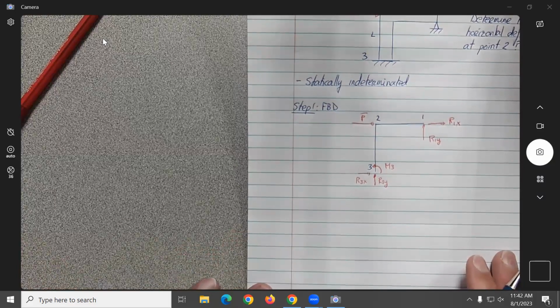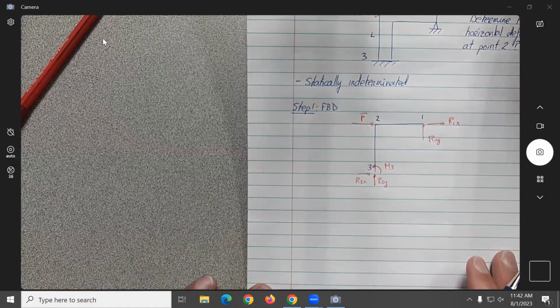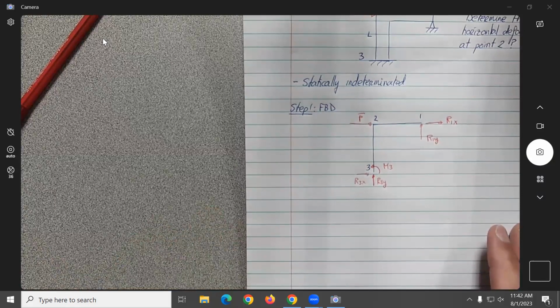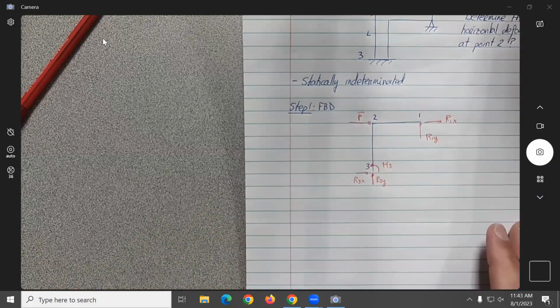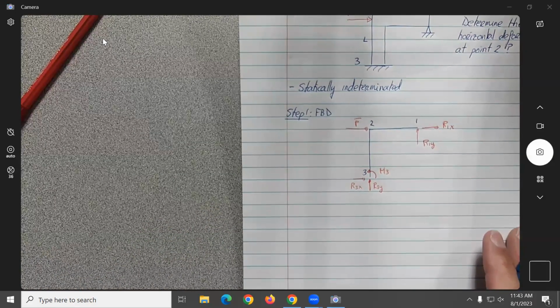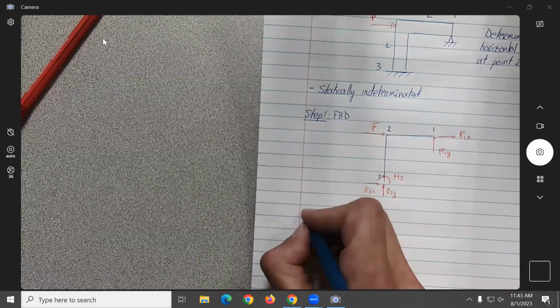Okay, so let's write down the equations and see what happens. It doesn't matter which order we use, so it's not a big deal. Let's first do the summation of forces.